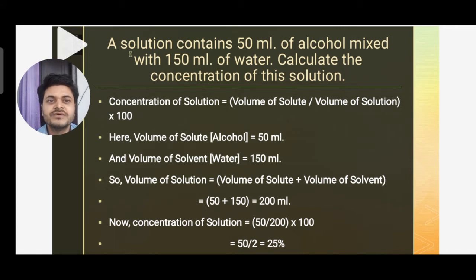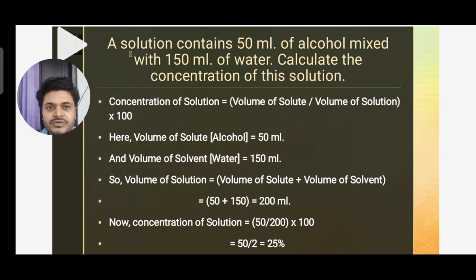Here alcohol is the solute, 50 ml, and the solvent is water, 150 ml. So the volume of solute, alcohol, is 50 ml, and the volume of solvent, water, is 150 ml.